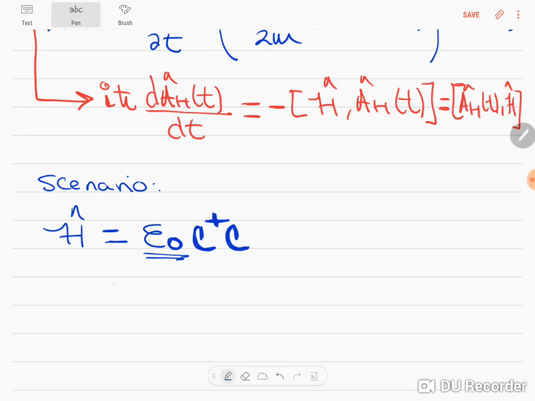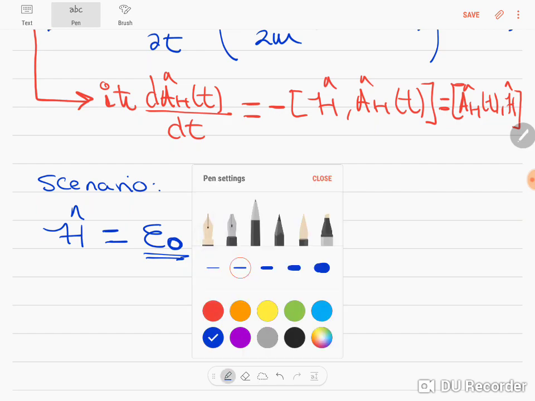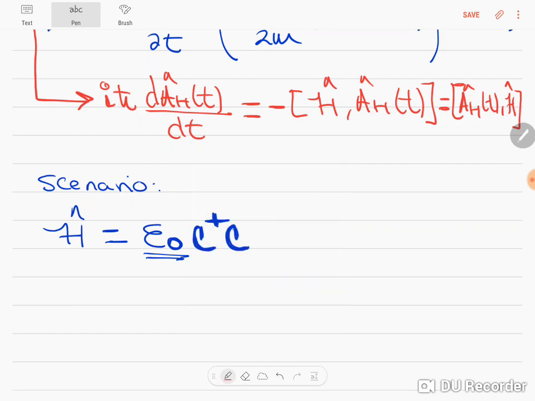Now, if we want to calculate the time derivative of operator C, how operator C evolves in time, then we do it in the following way.